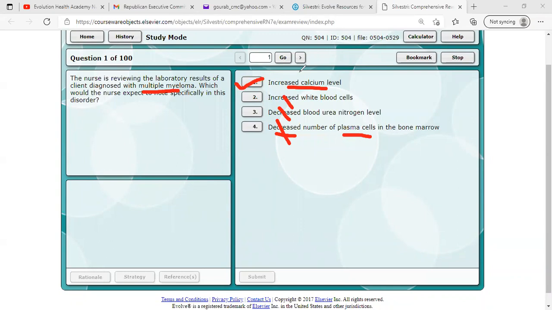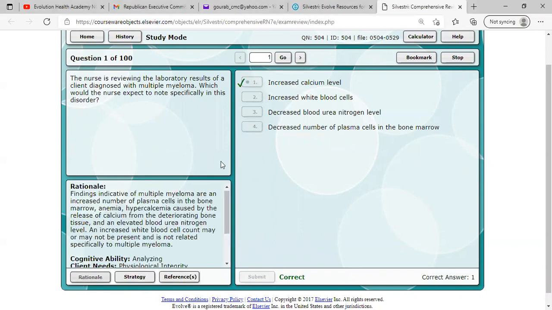So let me see the explanation for this. What is the rationale? Why is the answer this? Let me read it. Findings indicating multiple myeloma are an increased number of plasma cells in bone marrow.